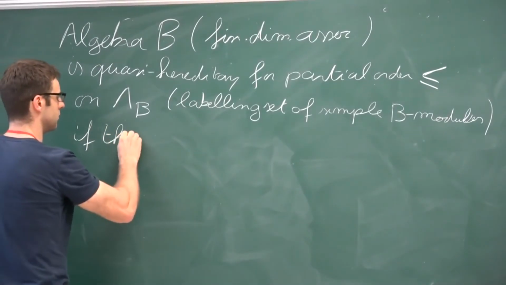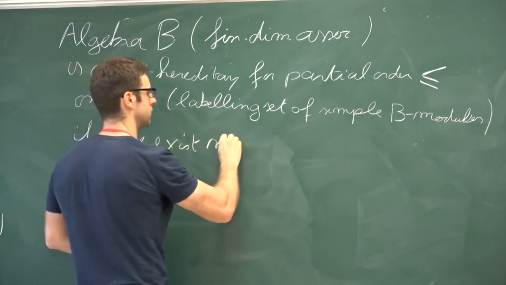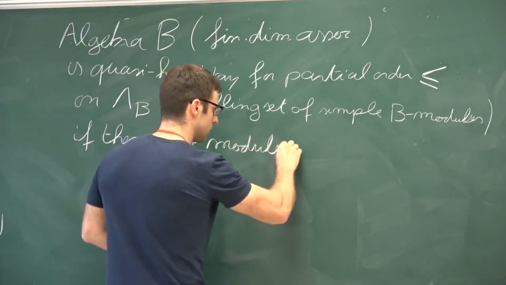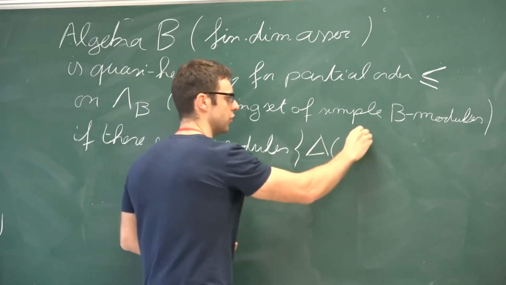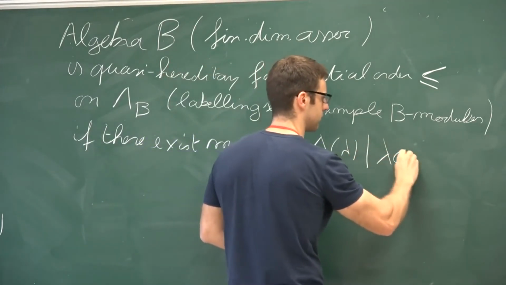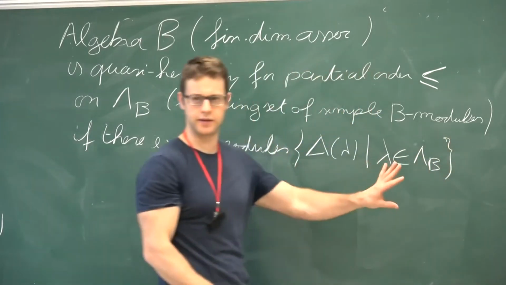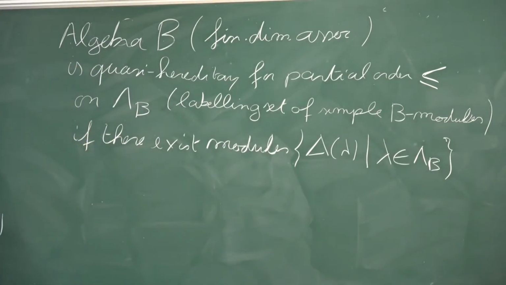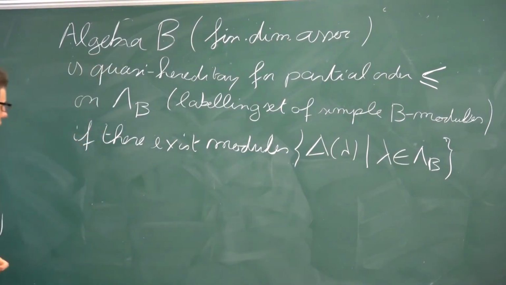If there exist some particular modules, often written as delta of lambda, such a module must exist for any simple module. So for any simple module, there's an accompanying standard module with the following properties.